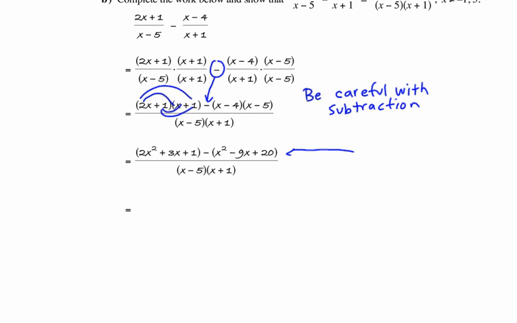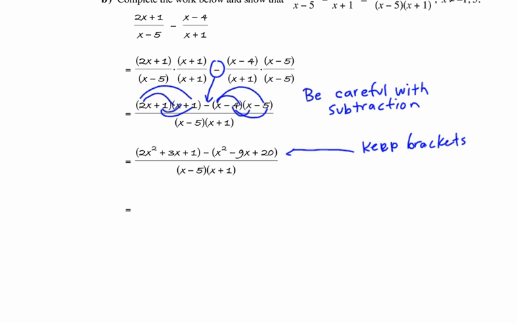Why do we keep those brackets? Because the sign in the middle applies to everything it's subtracting. That second polynomial. Yes? Yep. So x times x, times negative 5. That's how they got that.